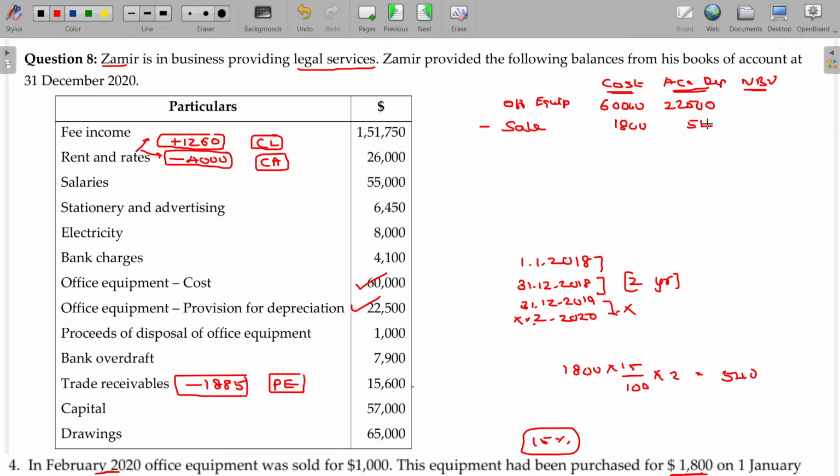So after the sale, balance asset being 58,800. Balance accumulated depreciation being 22,500 minus 540, which is 21,960.